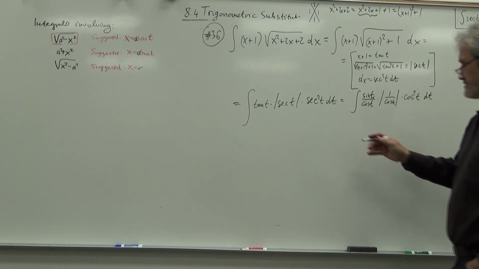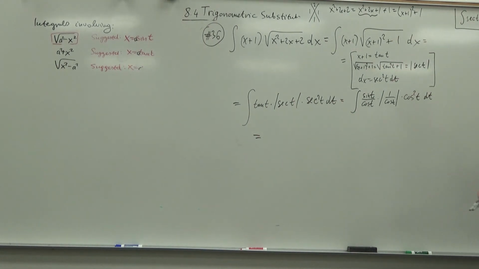So what would that be? I'm a little bit disturbed by this absolute value that we need to carry all the time. So generally, again, we can do it just for the situation when x plus 1 is greater or equal to 0, and then t is in the first quadrant.